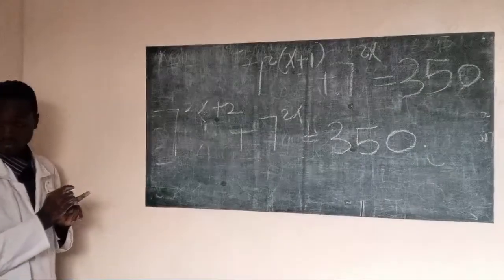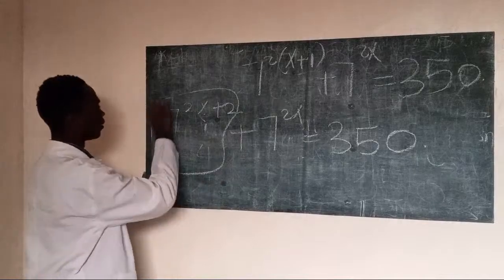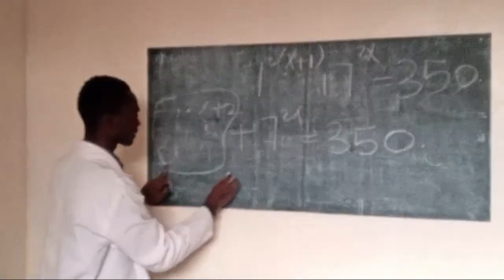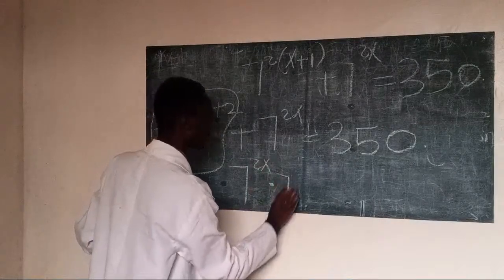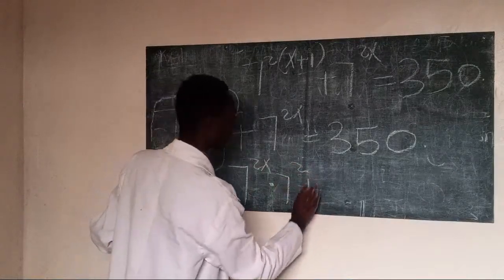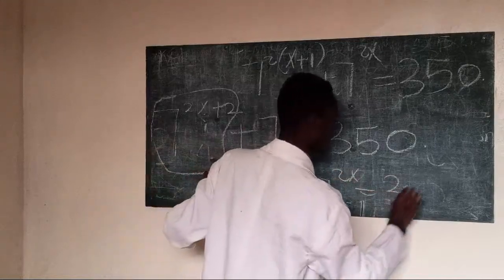Up to that point we are okay. We split this one. When we split this one, it gives us 7 to the power 2x multiplied by 7 squared plus 7 to the power x is equal to 350.